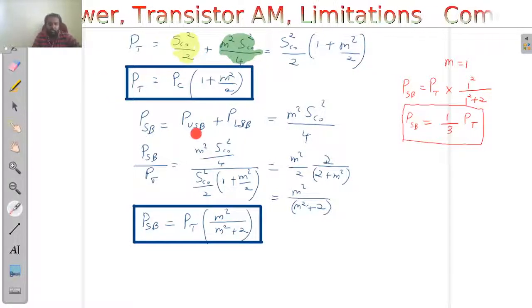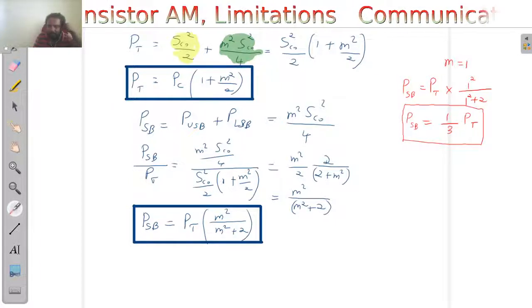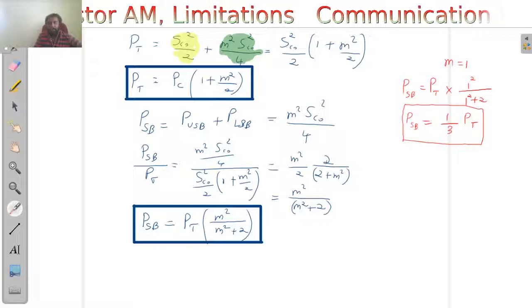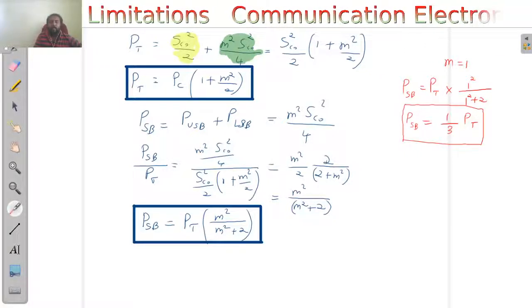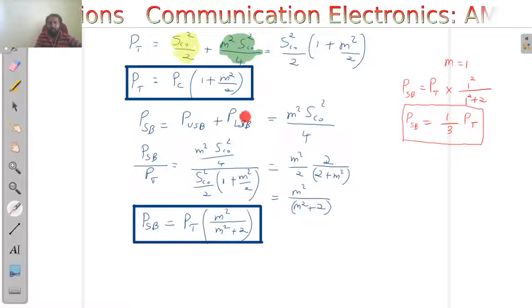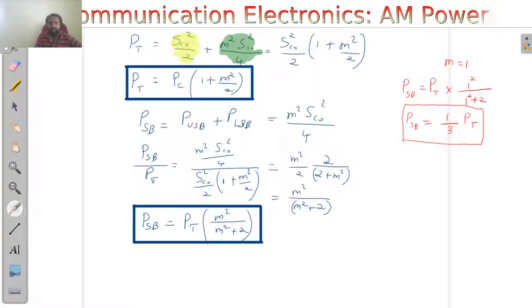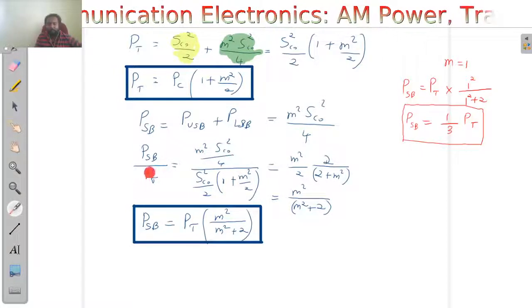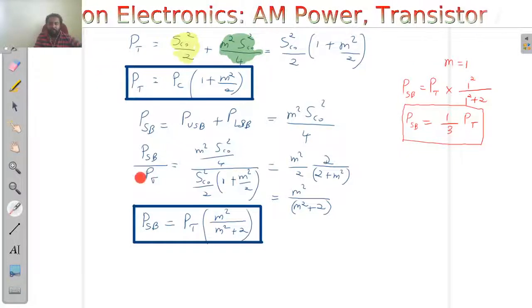Okay, so let us find another equation which represents the sideband fraction of the total power of the entire wave. The sideband power is given by the upper sideband power plus the lower sideband power. That is written here, and to find how much that is of the total power, we divide it by the total power.